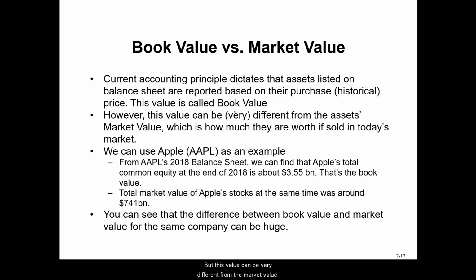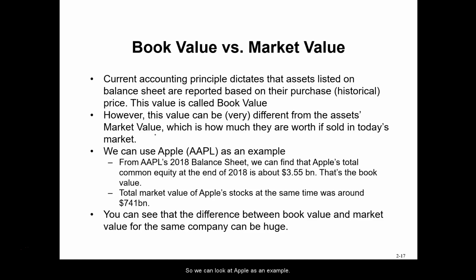But this value can be very different from the asset's market value. The market value is based on the market price of the assets, such as the company's stocks. So, depending on how much the stock can be sold for in today's market, we can see the market value.